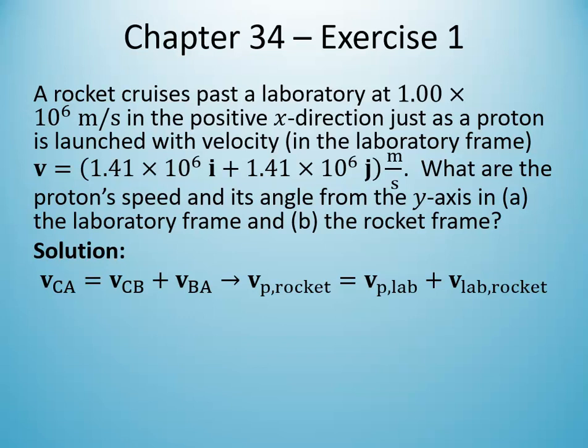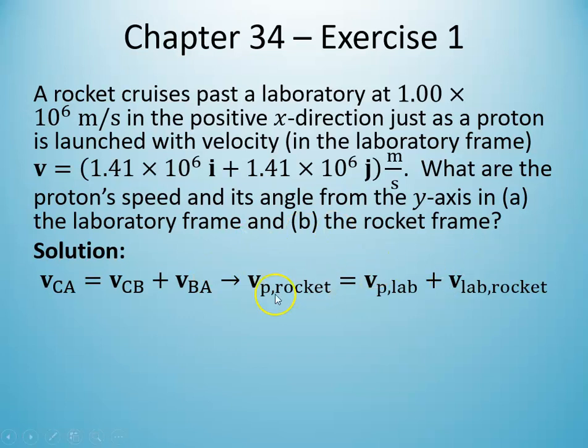So you can translate all of those various quantities into subscripts and say that the velocity of some object C according to a person in reference frame A is going to be equal to the velocity of that object C according to some other reference frame B plus the velocity of reference frame B according to reference frame A. So again, you could just exchange baseball, train, and ground for those from the last example.